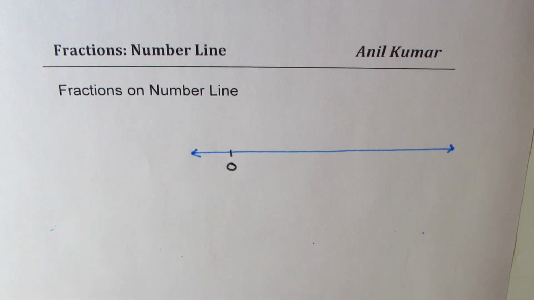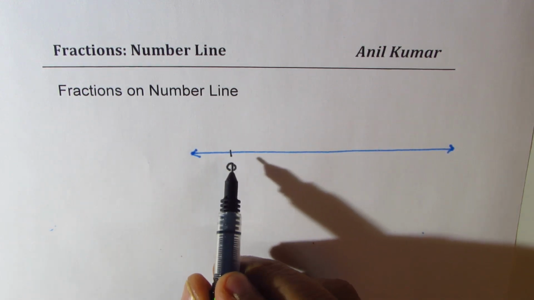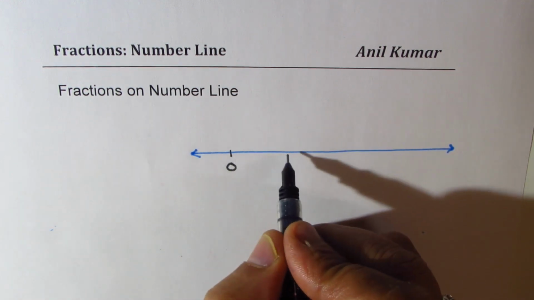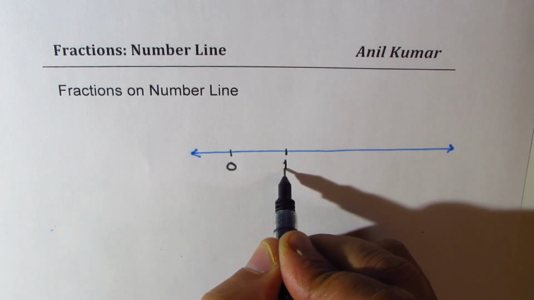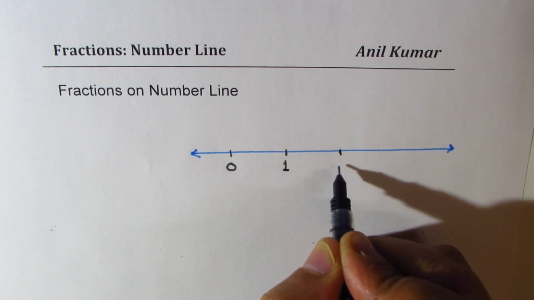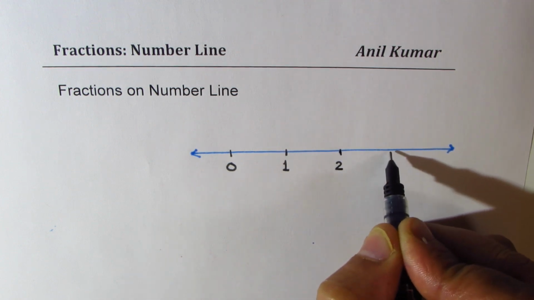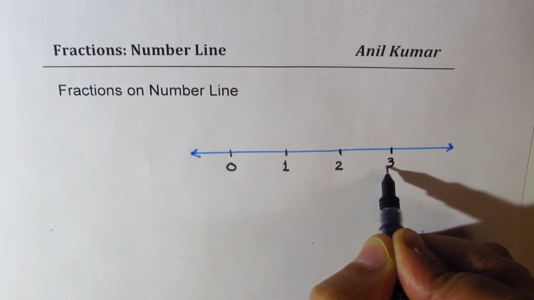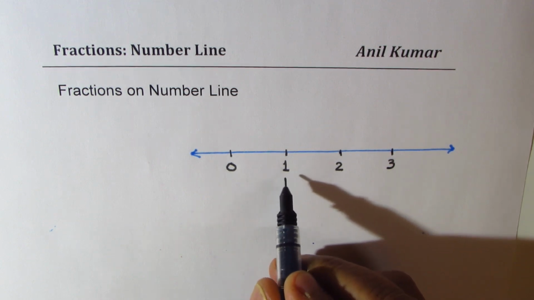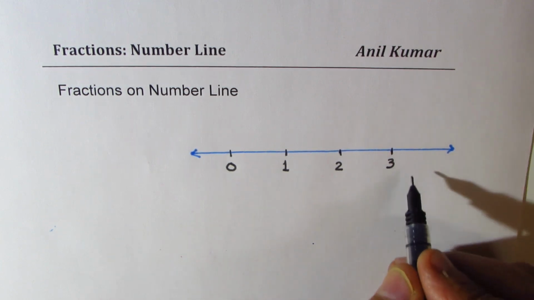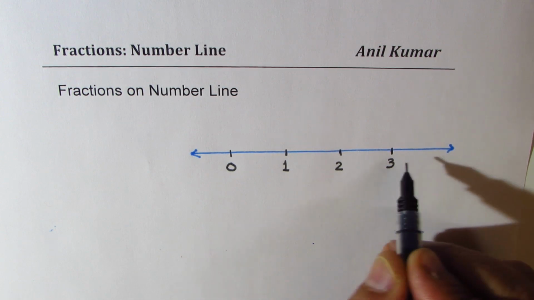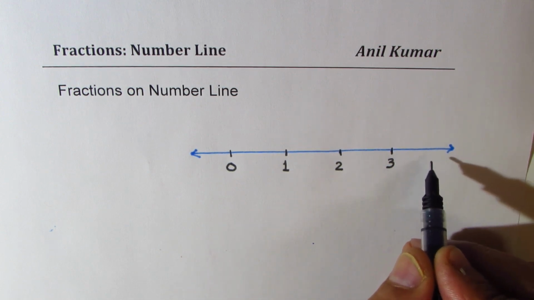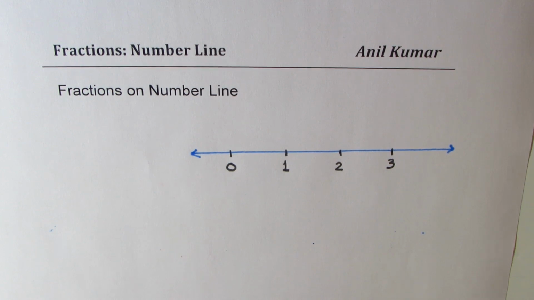So this is my 0. As we saw earlier, we will divide this into units of equal length. So let this be 1 unit, let this be second unit, and let this be third unit. Each will be marked with whole numbers 1, 2, 3, and so on, right? It continues. This arrow indicates that the number line extends to a very large value.